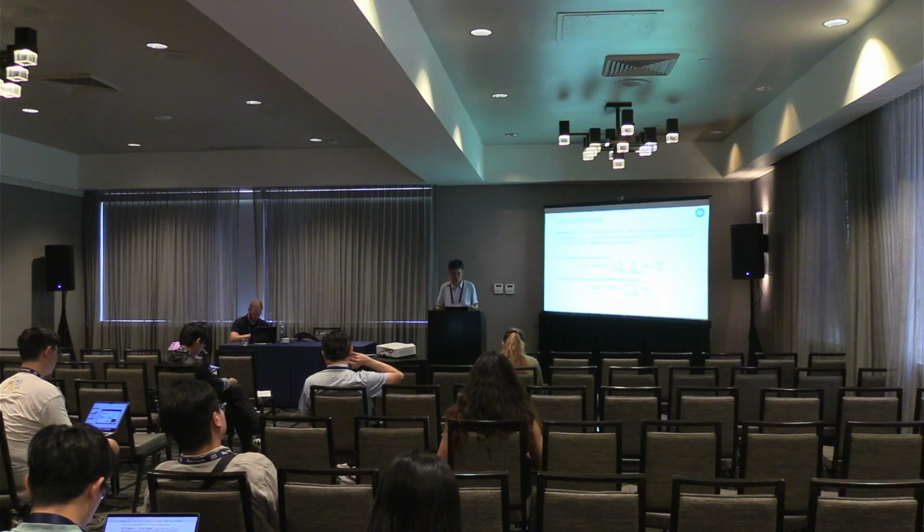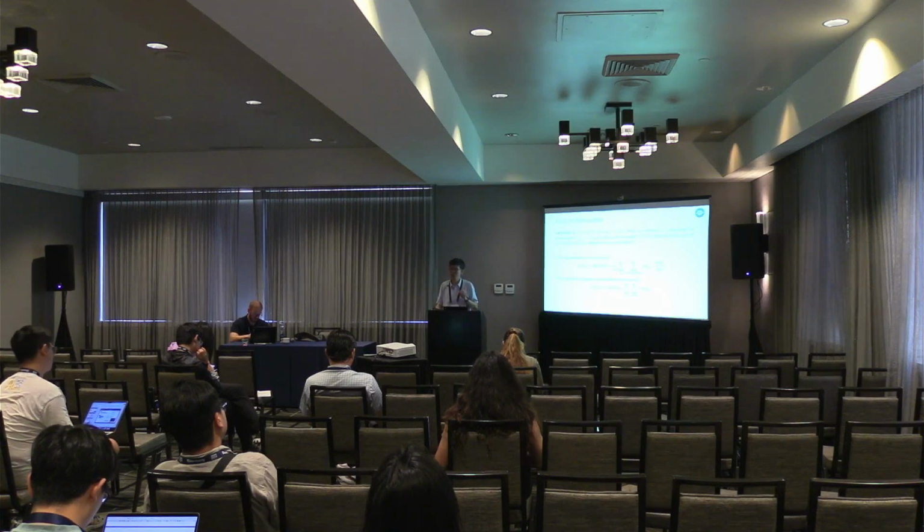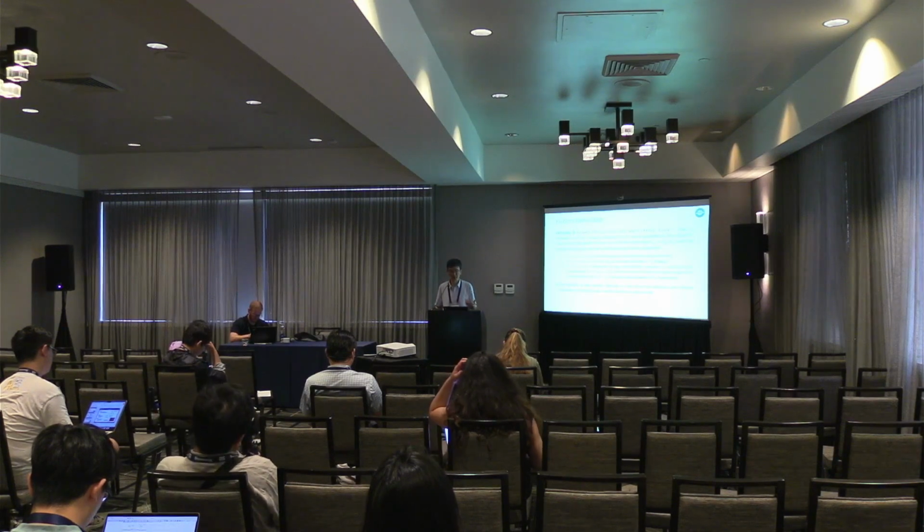We can also use the label propagation probability to measure the community strength. Here is the formula at the bottom. Based on the community strength, we can define a new problem, called the relaxed k-truss community search problem.